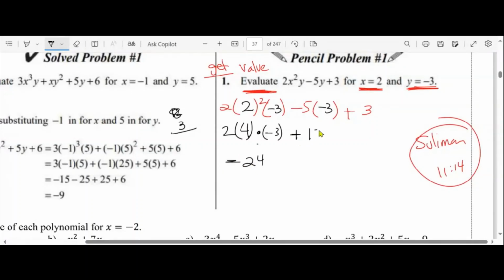Here, how much? Plus 16, plus 18. So if you add this, what do you get? You get -6.